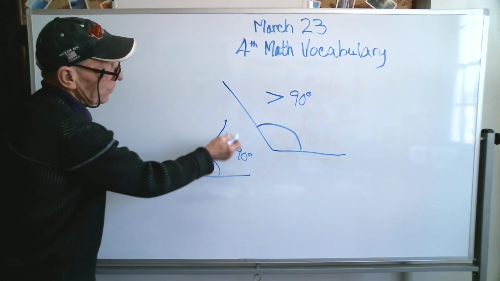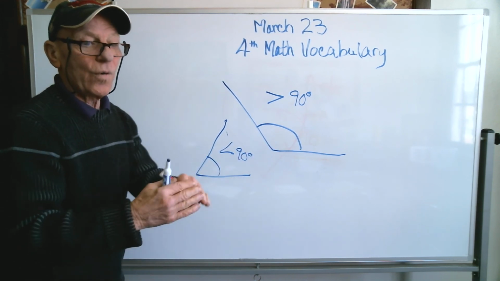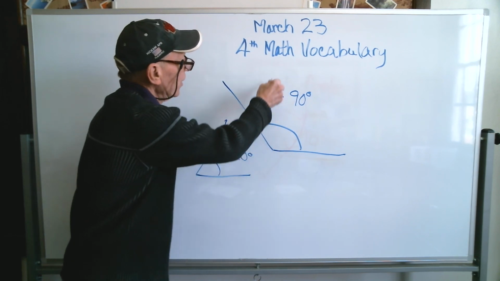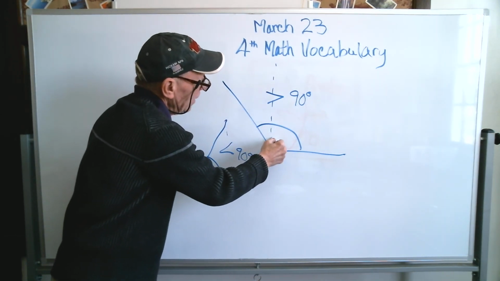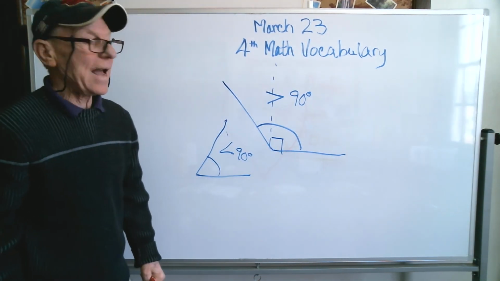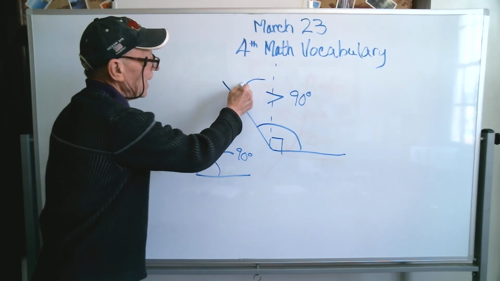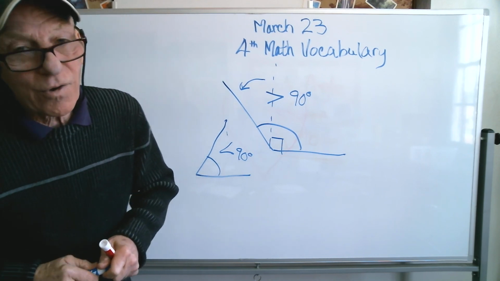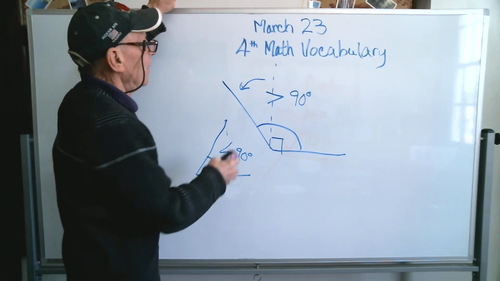See the difference between those two angles? So the wider the angle beyond 90 degrees, your 90 degree would be like that. So this is greater than 90 degrees. And they call those obtuse angles.